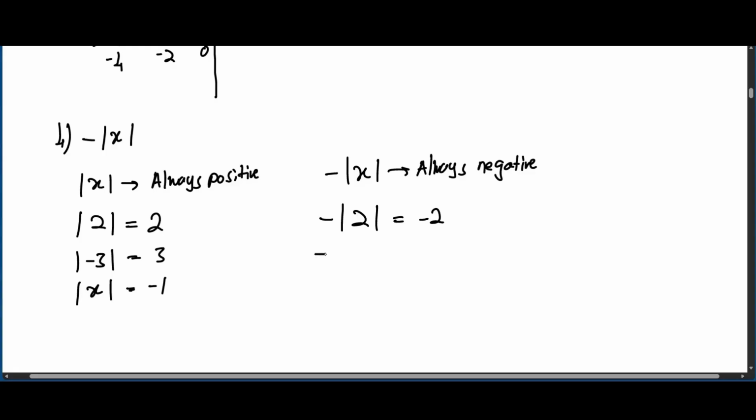Let's say negative absolute value of -3. So absolute value of -3, I'll get 3. And negative of that, negative of 3, will give me -3. Lastly, let's say negative absolute value of 1.